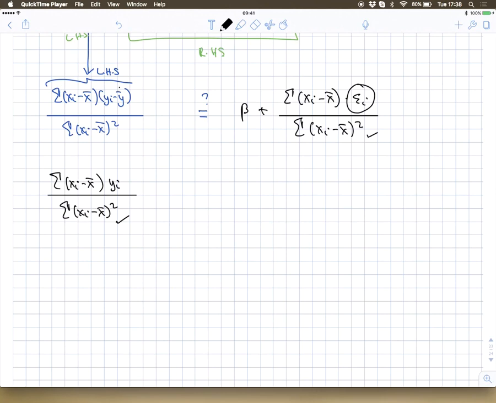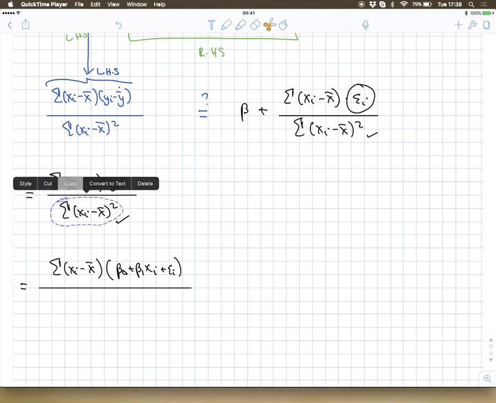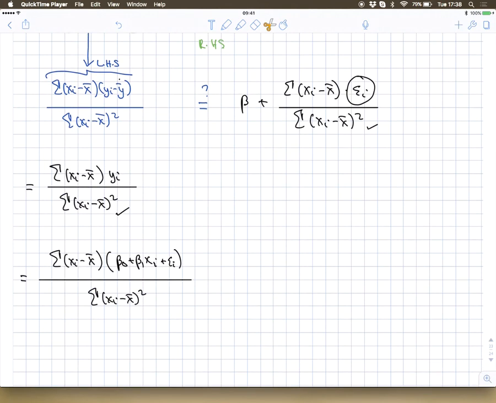So what I'm going to do next is, instead of yi, I'm just going to put beta 0 plus beta 1 xi plus epsilon i over this numerator. Okay. What do you know about beta 0 when beta 0 will multiply this?